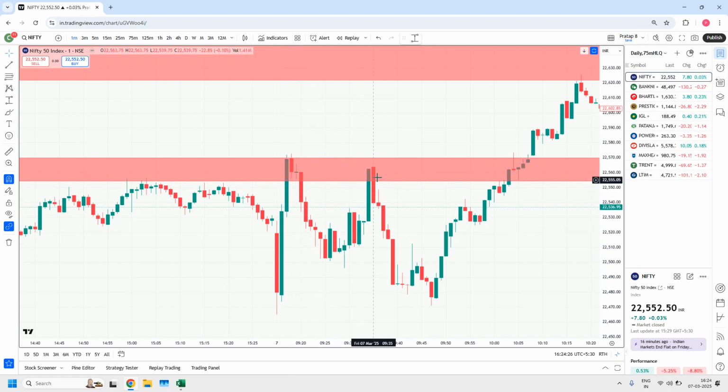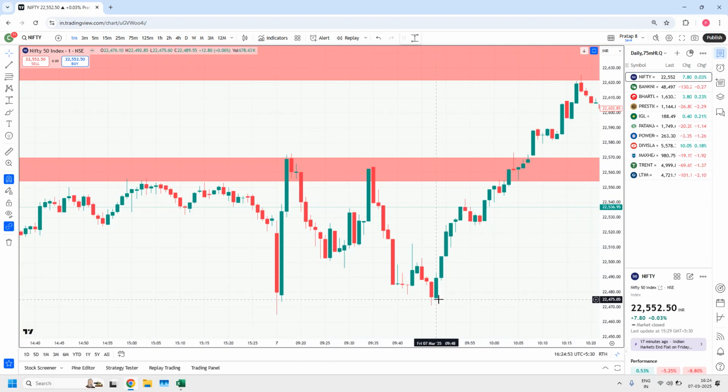After that you see second time it came. You might not have taken a trade second time. Maybe if you are still in the trade, it further pushed. If you took the trade here, it is 22,554, say round value 22,555 here.